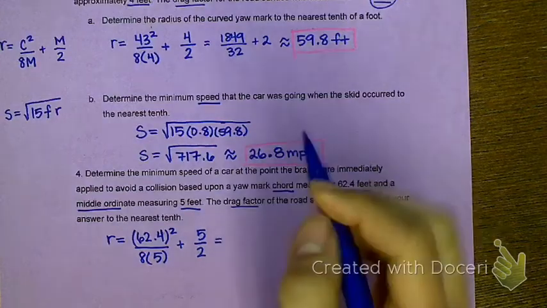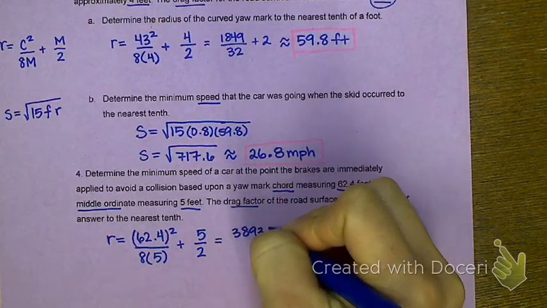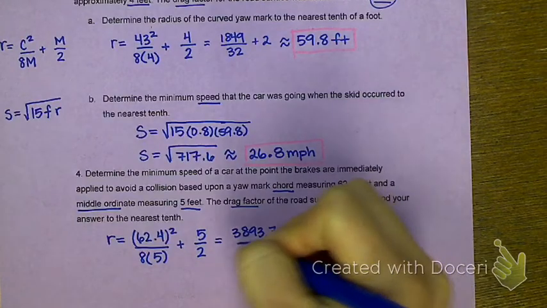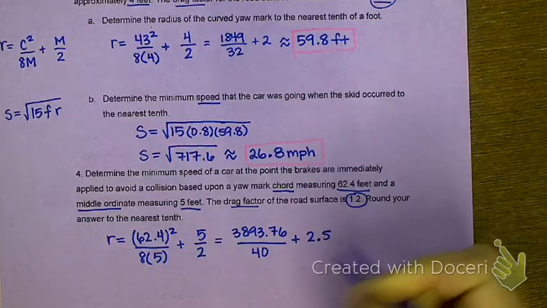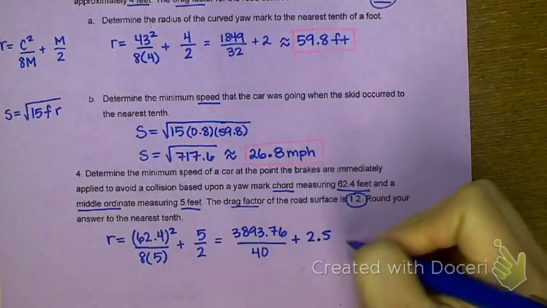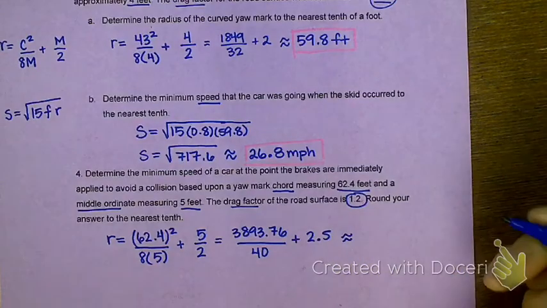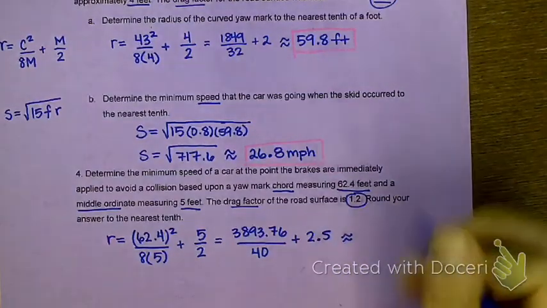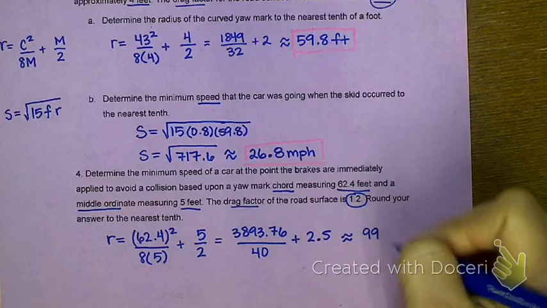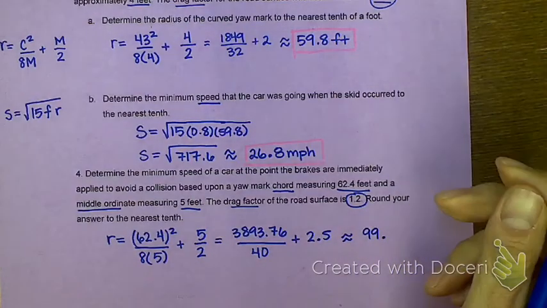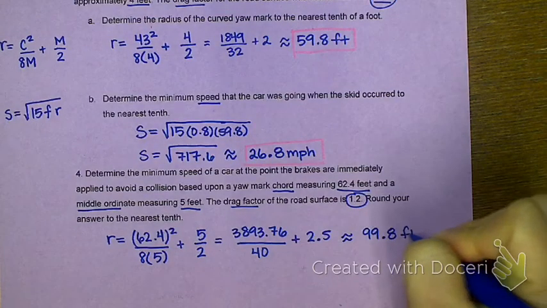So I'll get 3,893.76 divided by 40 plus 2.5. I'm going to continue that division and add 2.5. It said round my answer to the tenths place. So I'll get 99.8. This is going to be in feet because this is my radius.